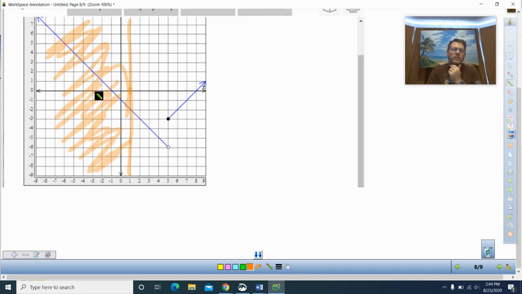That stuff over there is gone. Okay, so this is what we have left. Does this pass the vertical line test? Yes, because that's a closed dot and an open dot. What we have left fits the definition of a function.